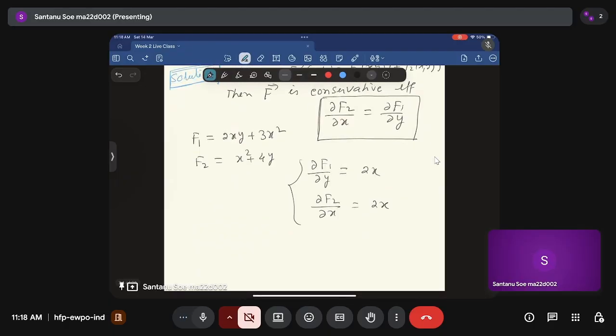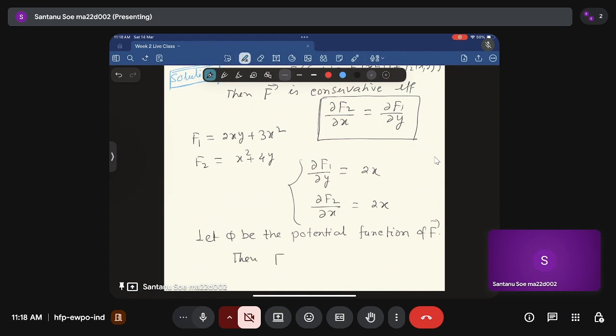So let phi be the potential function of f. Okay.